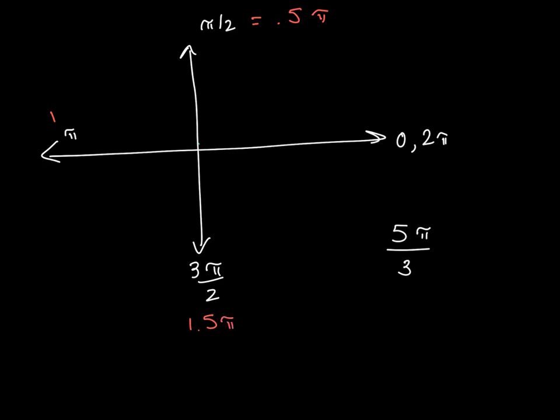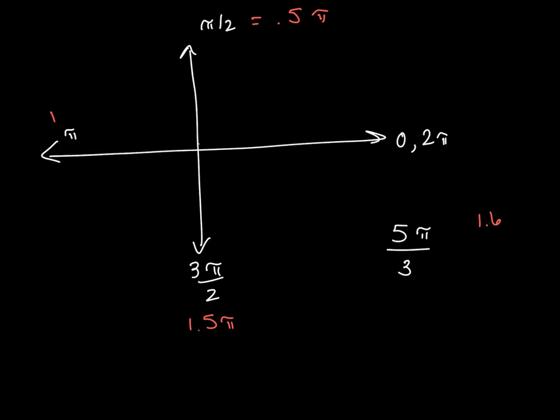And if I come back over here, what is 5 over 3 in terms of a decimal? Well, 5 over 3 is approximately 1.6. So I know it's going to be a little bit larger than 3 pi over 2.